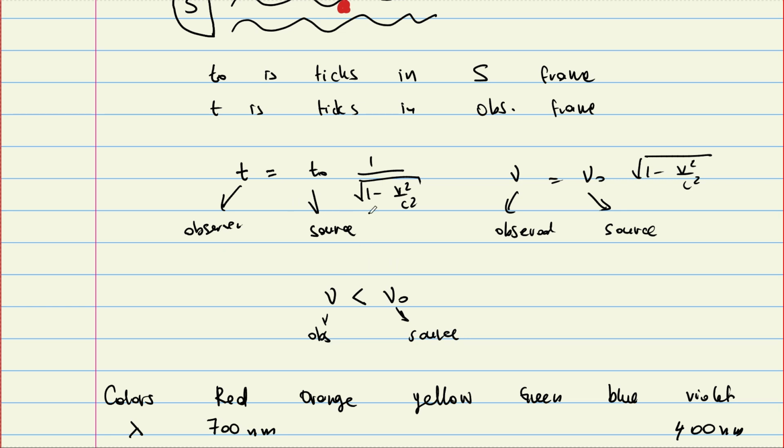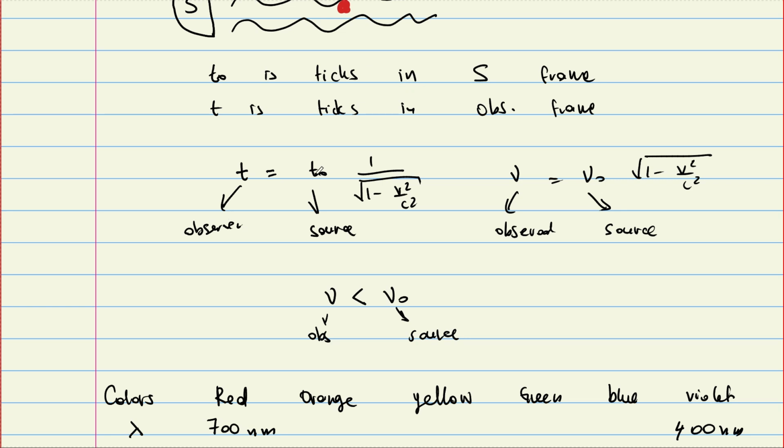But the logic is as follows. First, let's think about the time. The observer is receiving the light, and what the observer cares about is how much time passes between two fronts, right? The observer is looking: the first front came to me, and I'm waiting for the second front, but the source is going to decide that second emission by its own clock.